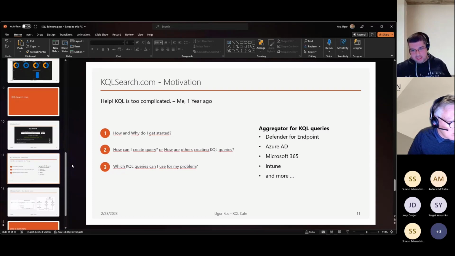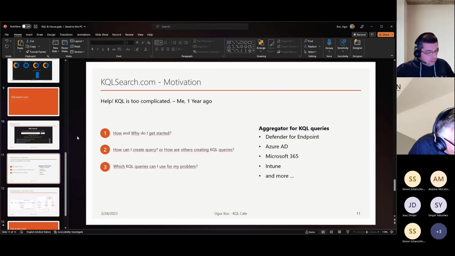This is something that was on my mind for a long time: having an easier way to search for KQL queries, because the hardest part of starting with KQL for me was that it's way too complicated to get started. Even though it's easy to understand today, it wasn't that easy to understand one year ago.